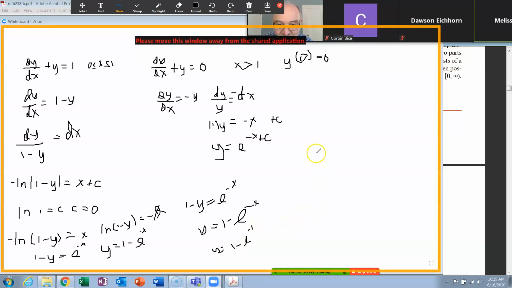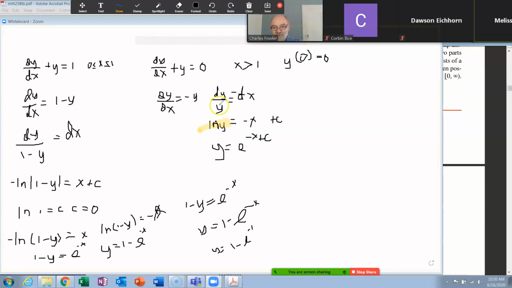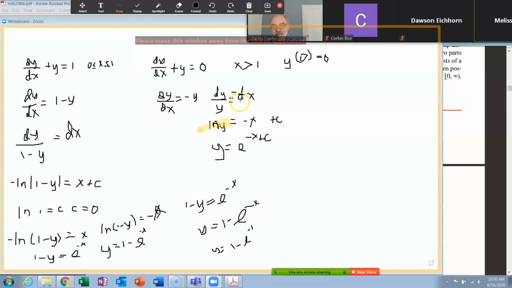So this will be, that's log y. Yeah. Okay. All right. It's not really a number, it's an expression. It's the integral of dy over y. That's log y. Integral of dx is, and that's a minus dx, is minus x plus c.